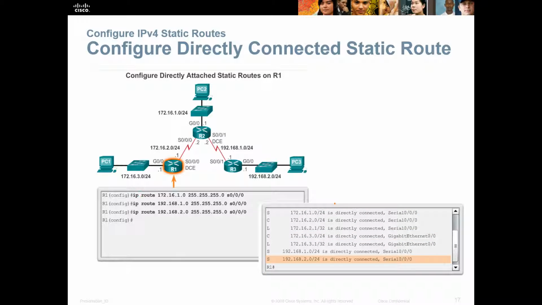And here we go, it'd be ip route, assigning the other routes that they don't know about. You can set it to go out an interface, or you can tell it the next hop, 172.16.2.2.